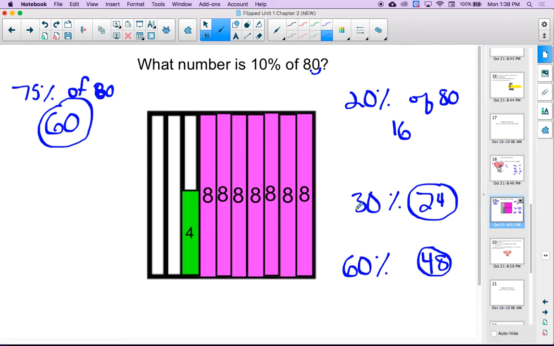Get this idea of why 10% is so important for us to find, because it's so quick, it's so easy, and because we can turn a 10% into a 20 or a 30 or a 60. We can turn a 10% into a 5, okay, just by doing a little bit of multiplying or dividing.